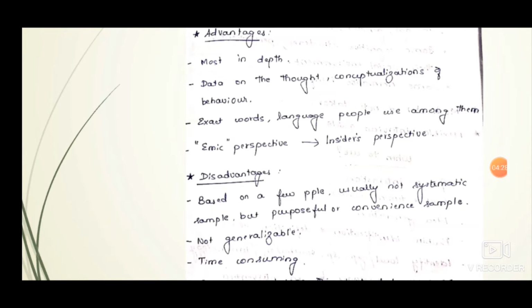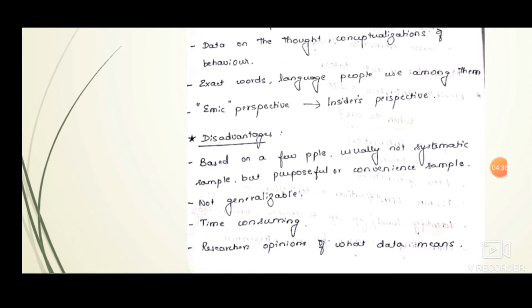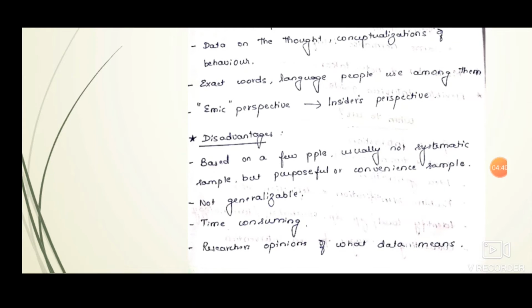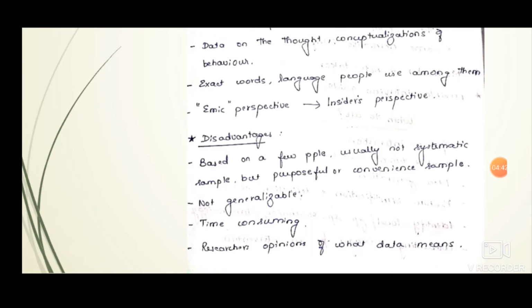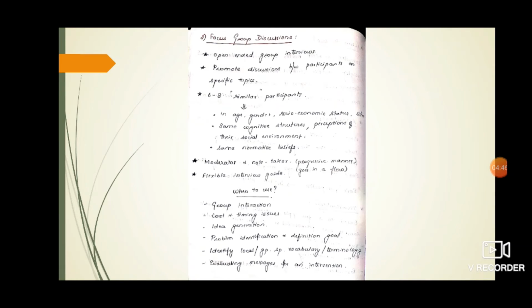Some disadvantages are that it is based on only a few people, it cannot be used systematically, and it uses purposeful or convenience samples. It is not generalizable, it is time consuming, and it depends on the researcher's opinions of what matter means.